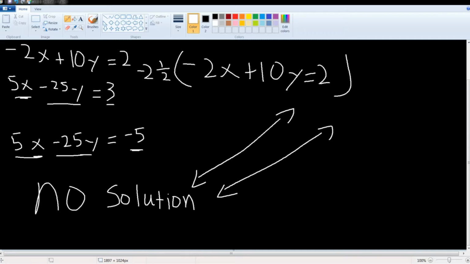Right. So whenever you have an equation of this form, 5x minus 25y is equal to a constant, this is called, I want to say it's 2-point form equation of a line, but let me just double check here.